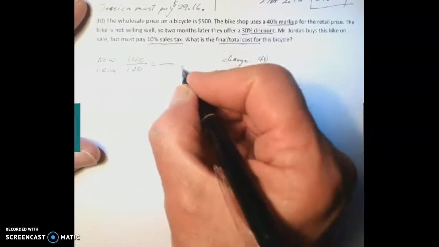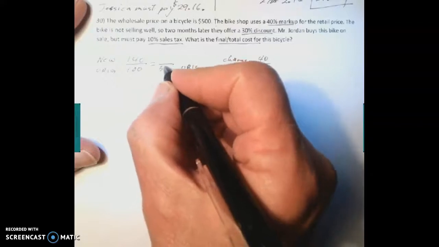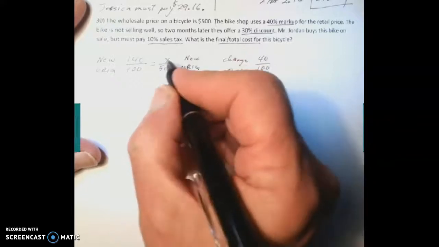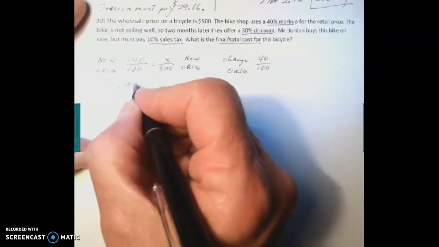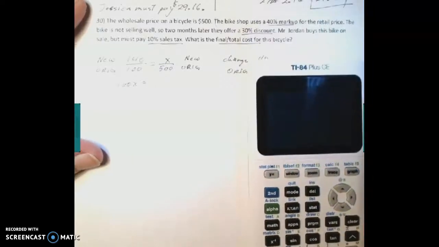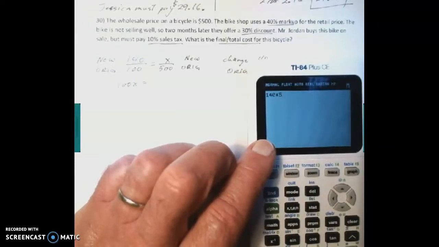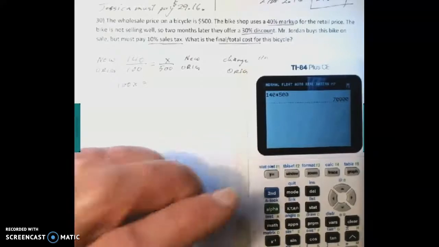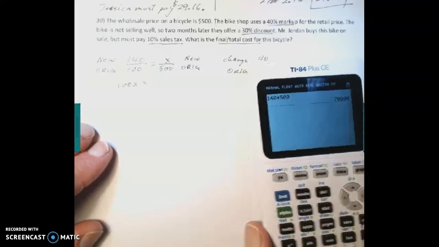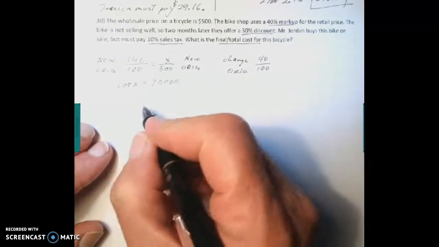Now solve this using that. Our original cost of the bike, what they bought it for, is $500. We're looking for the new cost. So cross multiply. You get 100x equals 140 times 500, which is 70,000. 7 followed by 4 zeros.